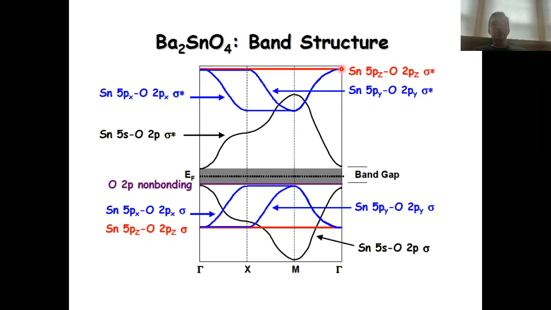We should still consider that both our tin orbitals as well as our oxygen orbitals have pz orbitals. These pz orbitals are oriented perpendicular to the square plane that we consider.